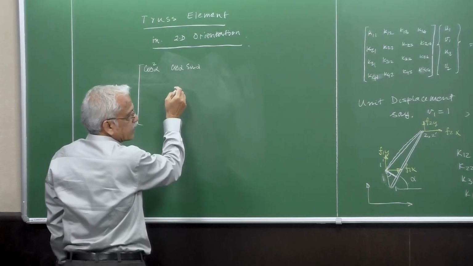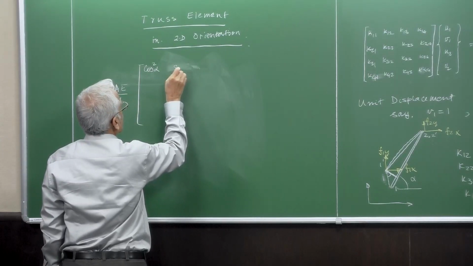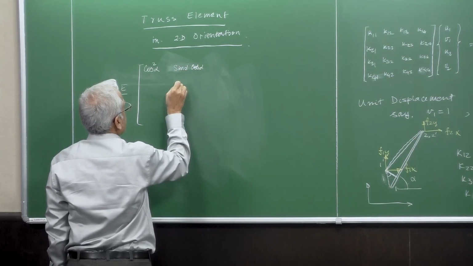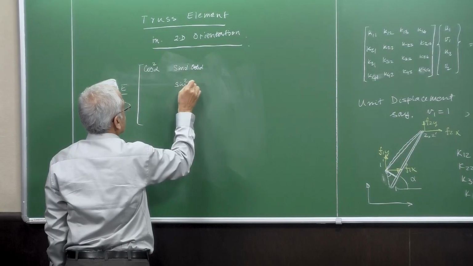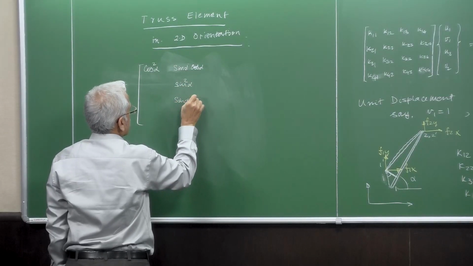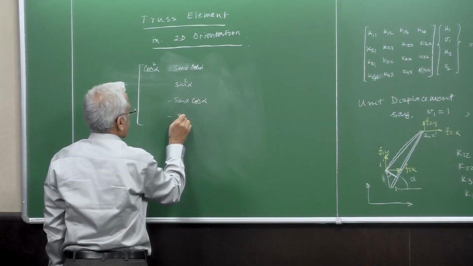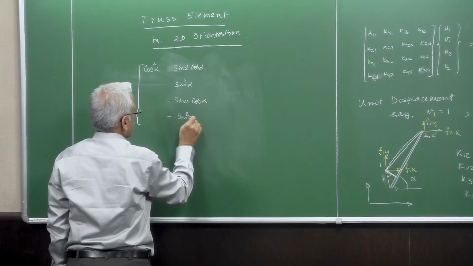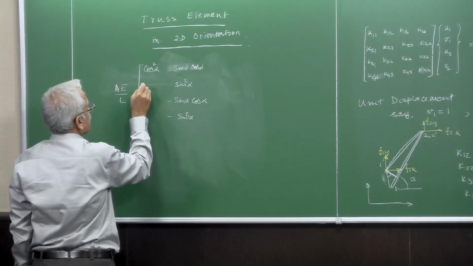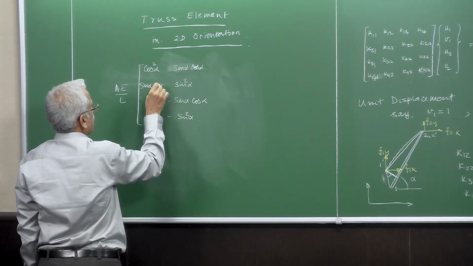Maybe I'll just write it down first. And sin alpha cos alpha, and this is sin square alpha, and this is sin alpha cos alpha with a negative sign, and minus sin square alpha. So the same thing here: cos square alpha, and sin alpha cos alpha here.